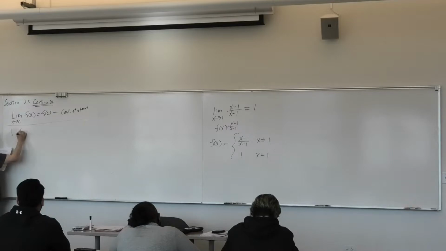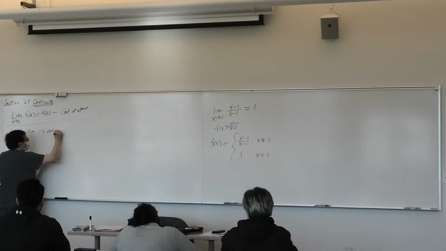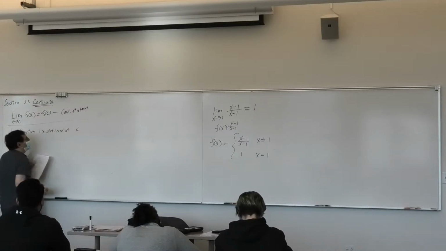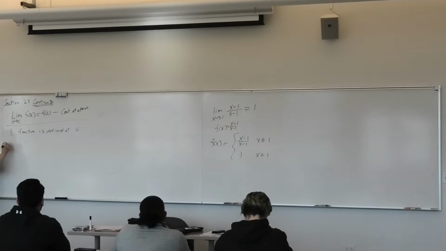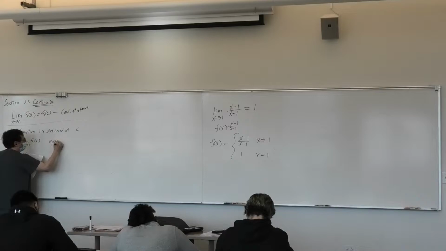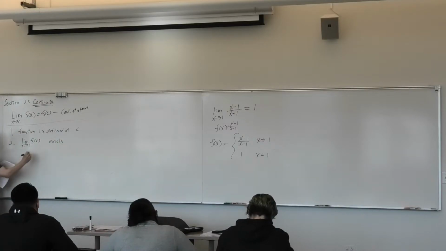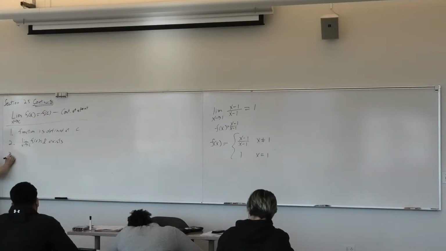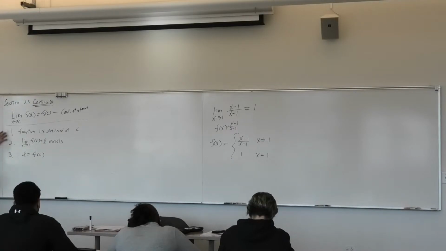One, the function is defined at C. Number two, the limit exists. We'll call it L. And three, L equals f of C. You fail any of these, and your function is not continuous at that point.